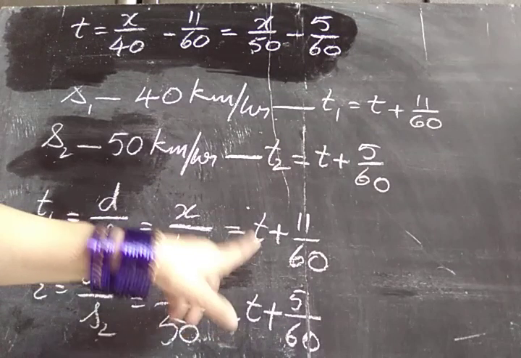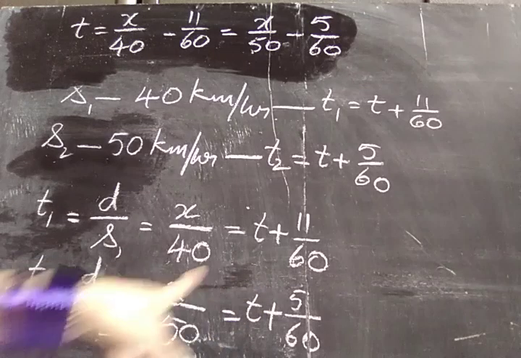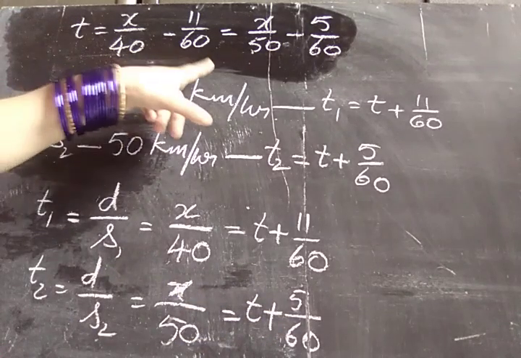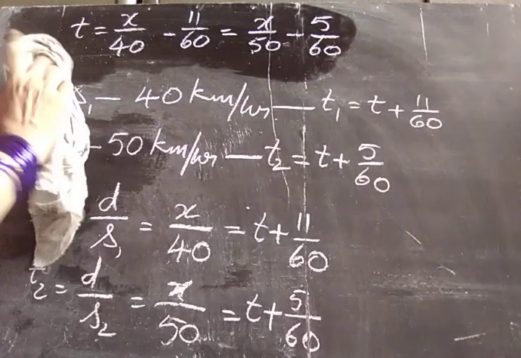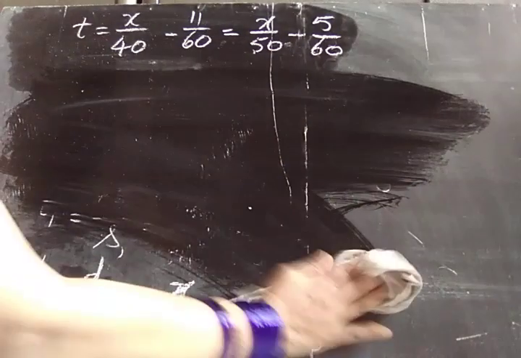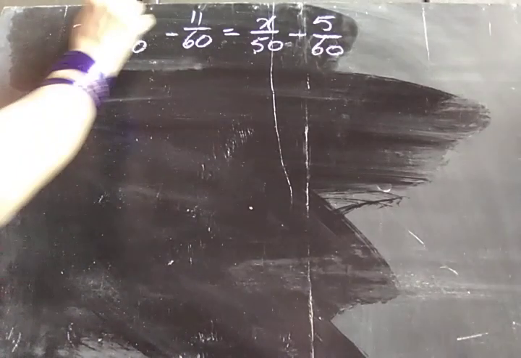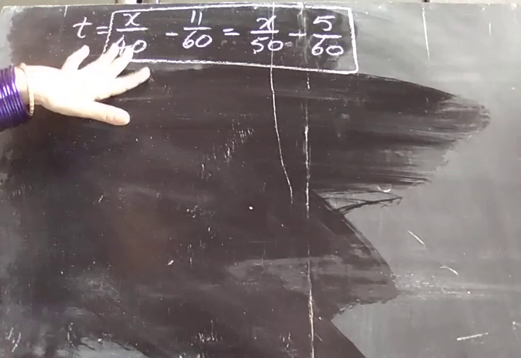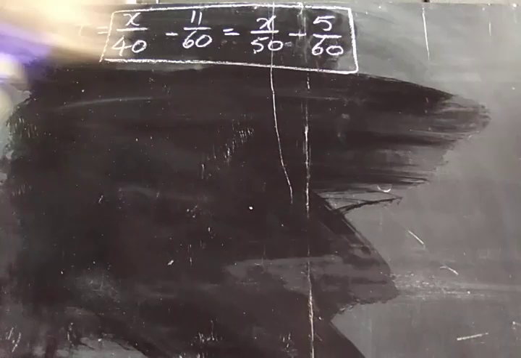These two are equal only, na? Both are time only. So, equate both, and we will get the equation in X. What is X here? Distance. So, you can find X from this equation.